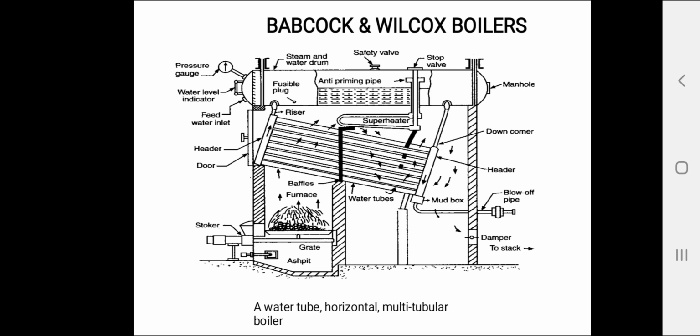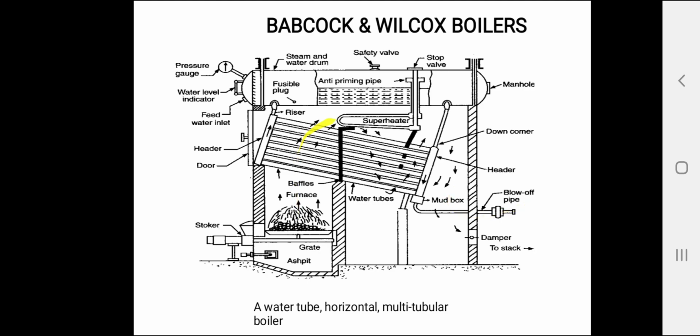So from the baffle furnace the gases move to the top, then again come to the bottom, and again up and down, in this way. This is the flow of hot flue gases.